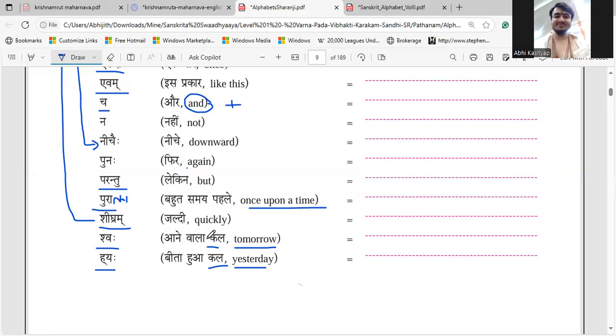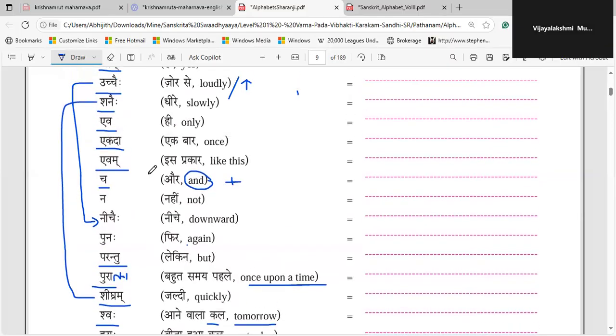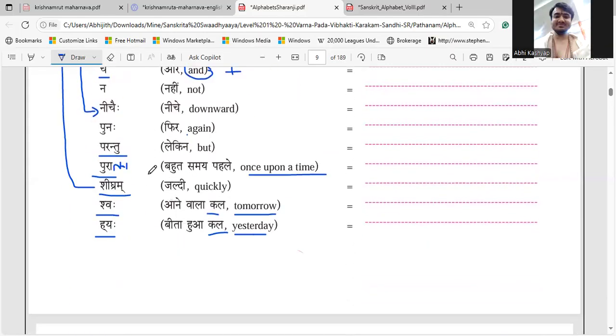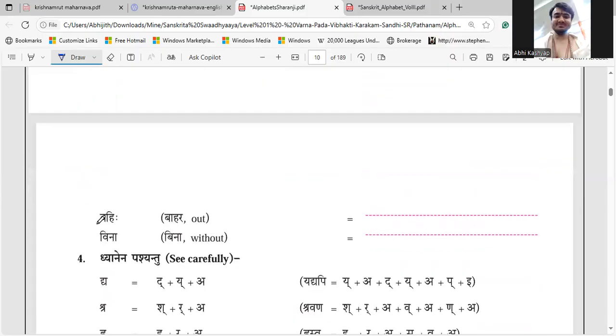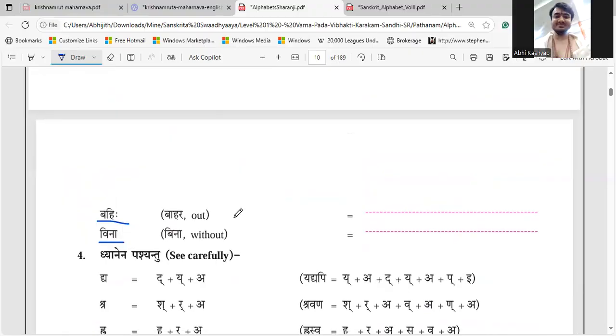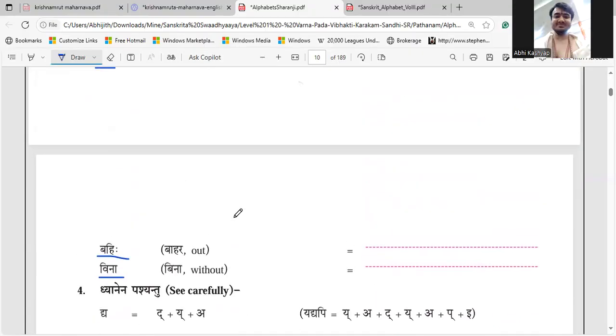So we have to specify, but in Sanskrit, Shvaha is tomorrow, Hyaha is yesterday, Adya is today. Okay, so these are the meanings. Now we will use them later on. Bahihi, outside. Vina, without. So until here, we have to split.